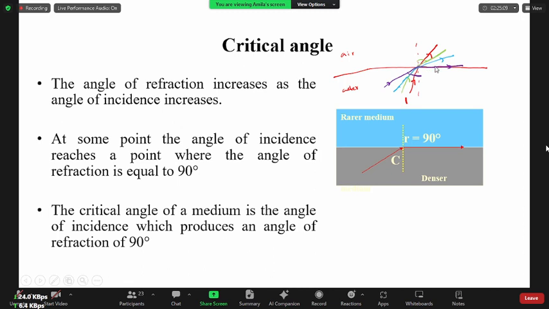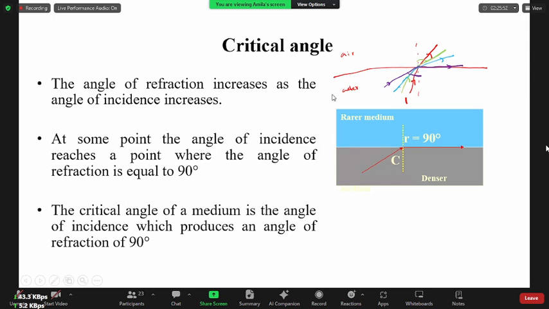This is 90 now. The critical angle of a medium is the angle of incidence which produces an angle of refraction of 90 degrees. So what we are doing here is increasing the incident angle until the refracted ray goes along the surface. The incident angle which makes the refracted ray go along the surface, we call the critical angle.